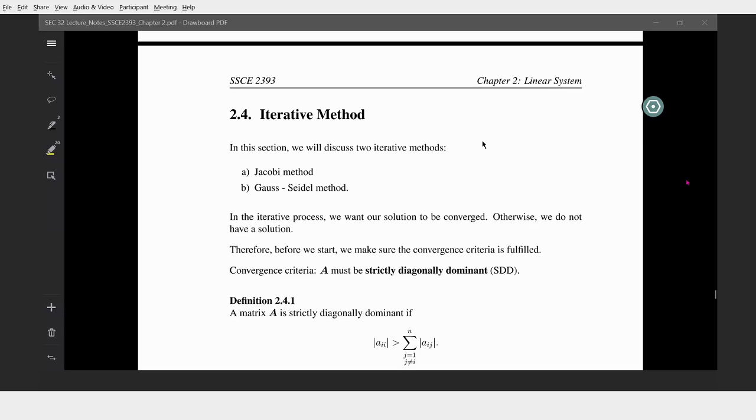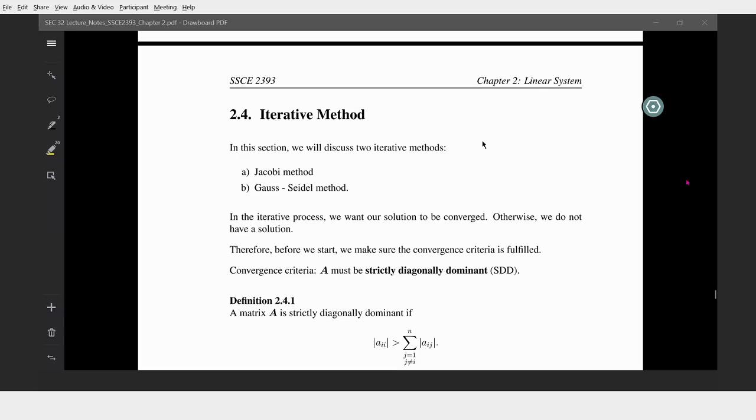To make sure that our solutions converge to the solution that we aim to have, we need the convergence criteria. If you can recall in chapter 1, you have the fixed point iteration method, and you have convergence criteria for that method.